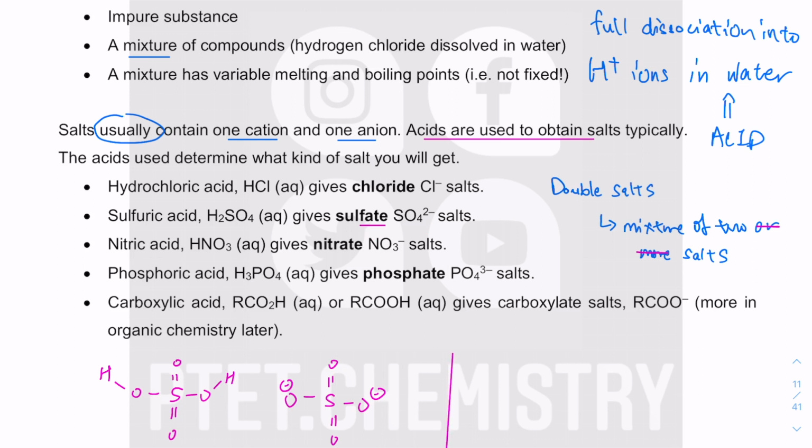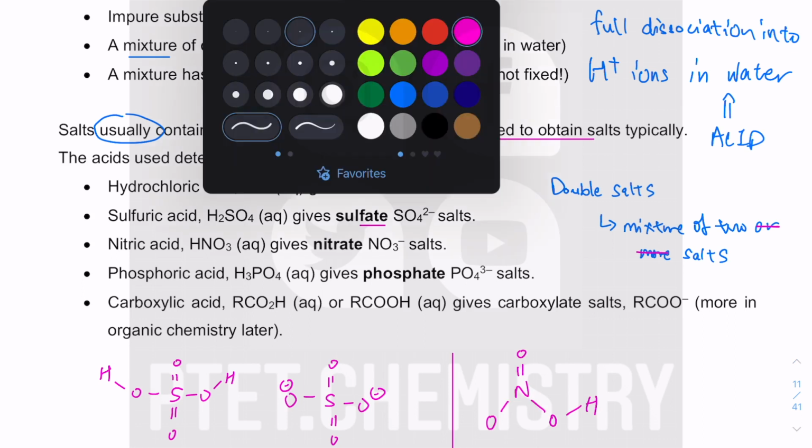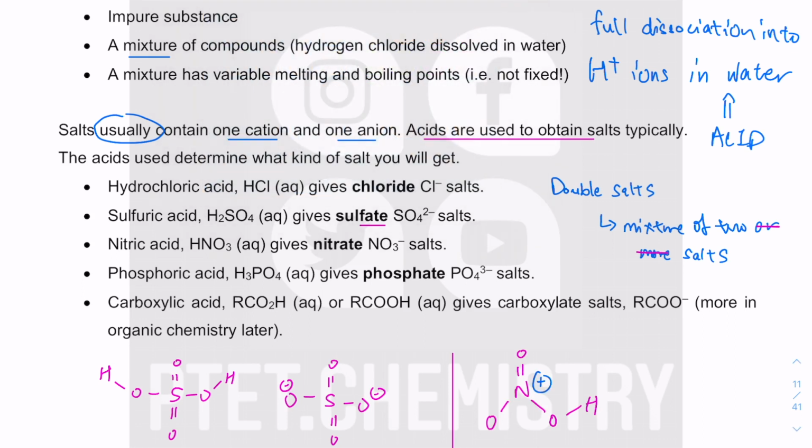On the other hand, nitric acid HNO3 is going to look like this. This is nitrogen with 1, 2, 3, and 4 covalent bonds. When nitrogen forms 4 covalent bonds, it will have a plus charge. When oxygen forms a single covalent bond, it will have a minus charge. When I say oxygen forms a single covalent bond, I mean here this oxygen has 2 covalent bonds, so it doesn't have a charge.